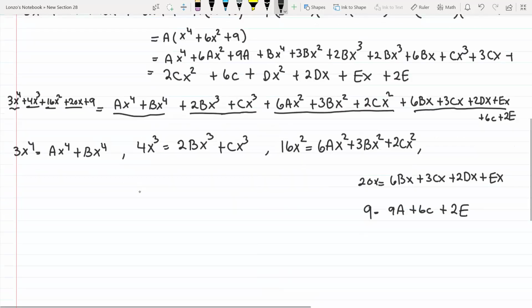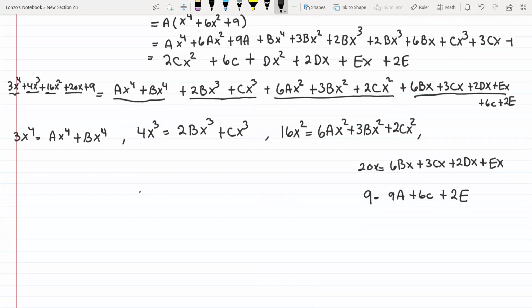Okay, and then what we're going to do is, what can we do? On this system of equations, I can get rid of the x to the 4th, so I would divide everything by x to the 4th. So you have 3 equals a plus b. And then over here, you could divide everything by x cubed, so that's 4 equals.